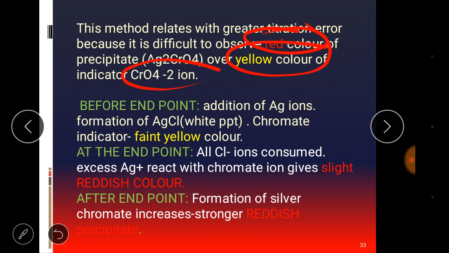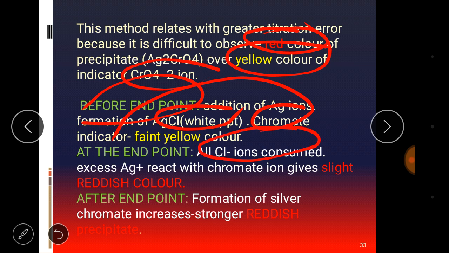Important points in the titration: before the endpoint, on addition of silver ions, silver chloride precipitates, and the chromate indicator present in the solution gives a faint yellow color. At the endpoint or equivalence point, all Cl minus ions are consumed and excess silver plus reacts with chromate ion, giving a slight reddish color.